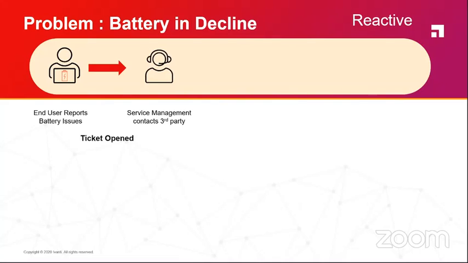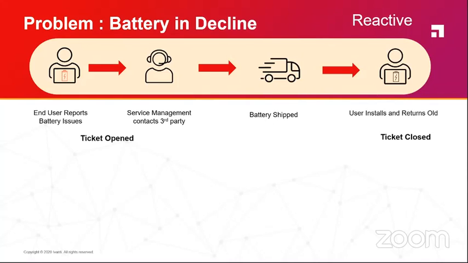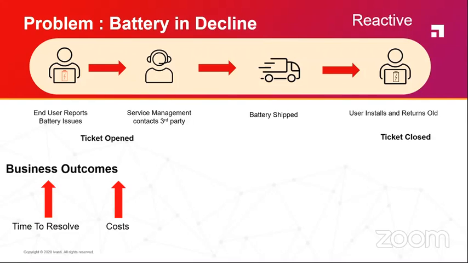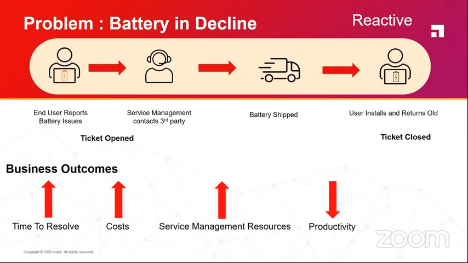The help desk diagnose the issue, report it to the battery supplier for an order of a replacement, and the battery is delivered, the user receives it, and the ticket is closed. This process, although simple, takes time to resolve, uses resource, costs money, and ultimately reduces the user's productivity and their perception of IT.